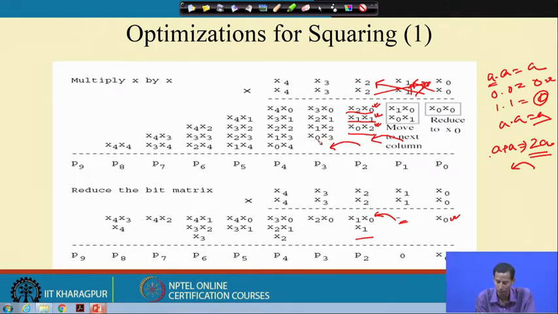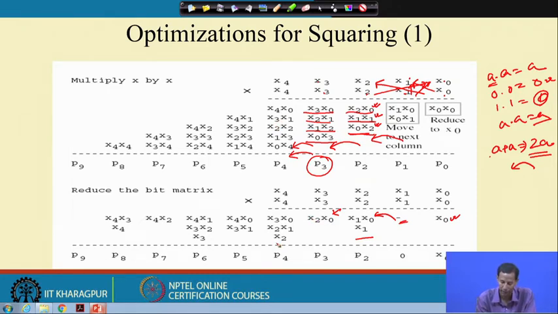For this particular position, now the terms will be x 3 x 0, then x 2 x 1, then x 1 x 2, x 0 x 3. So, x 3 x 0 and x 3 x 0 are the same values, so that will move to the next column. And here you see x 2 x 1 and x 1 x 2 are also the same, so that will also come to the next. So, at this P 3 position only x 0 x 2 remains, as x 2 x 0 is coming over here.